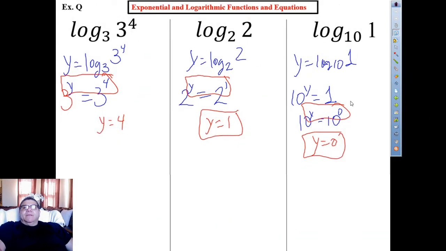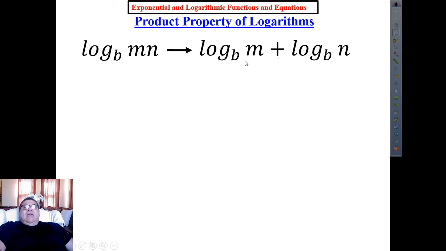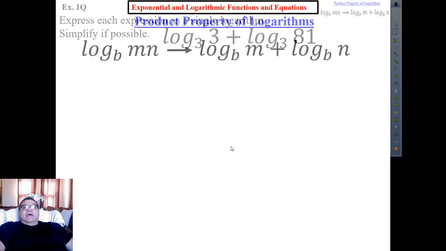All right. From there we got into the product property of logs. What does it imply when we're multiplying? That we add log b of m and log b of n. Then we did a sample problem.